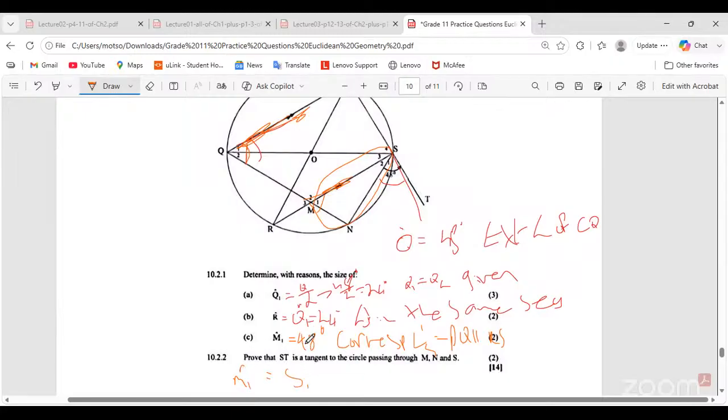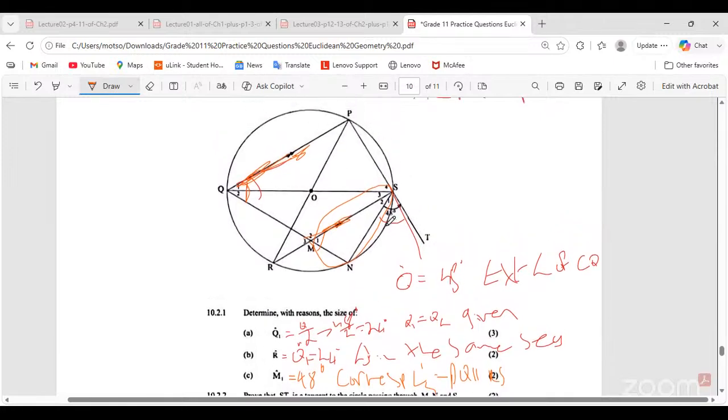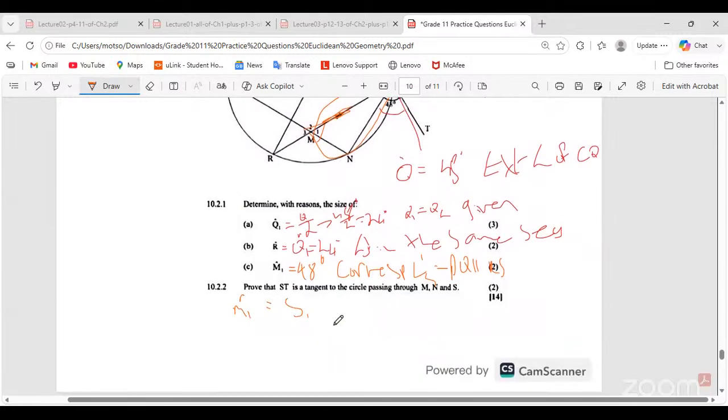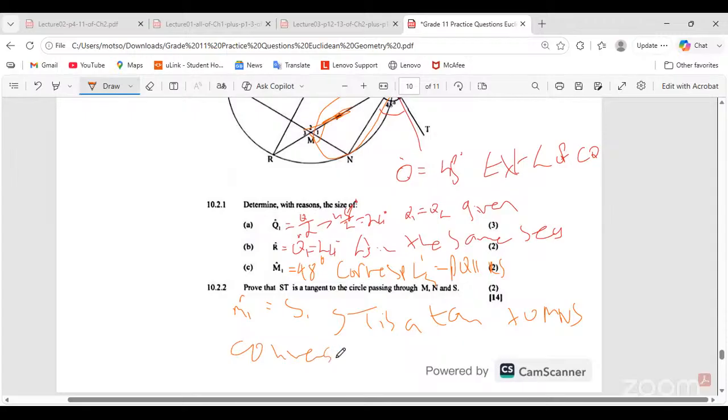We know M1 is 48. We know that S1 is 48. We were given, so clearly you can see that. Now you can just say ST is a tangent to MNS. That is the converse of the tan chord theorem. Then you have your beautiful 14 marks inside the pocket.